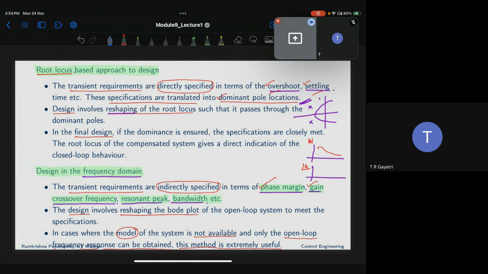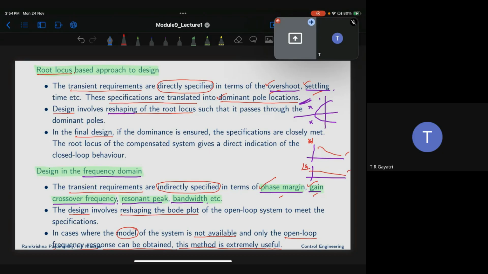Then for the given design requirements, we check whether the Bode plot meets these design specifications. If not, you need to use compensators and reshape these Bode plots.